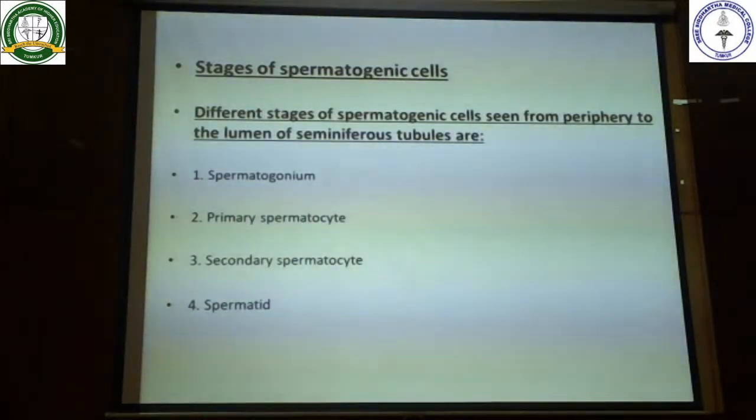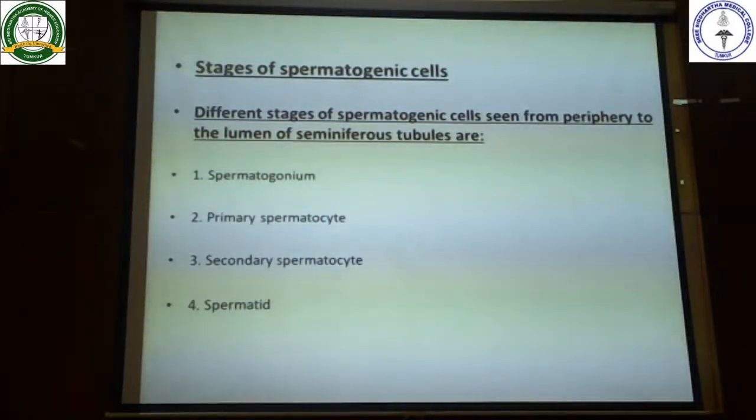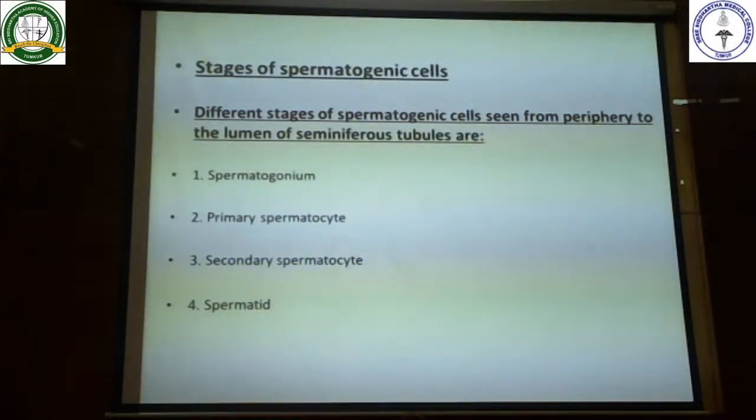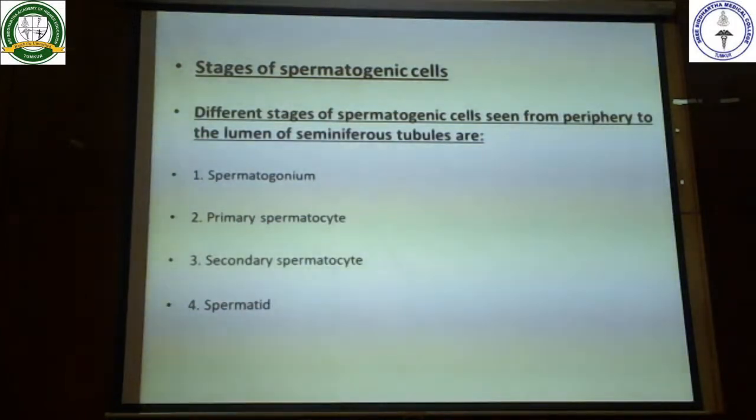So spermatogonium goes to the primary spermatocyte stage, then to the secondary spermatocyte stage, then to the spermatids, and spermatids will develop into mature sperms released into the lumen of the seminiferous tubule. So you should understand that the more matured spermatogenic cell is present towards the lumen.